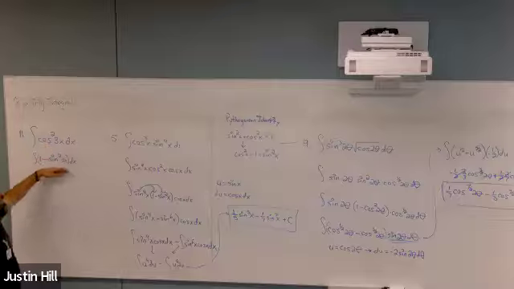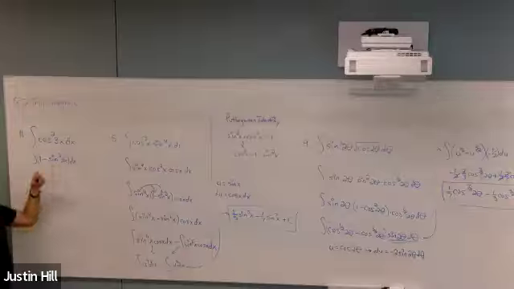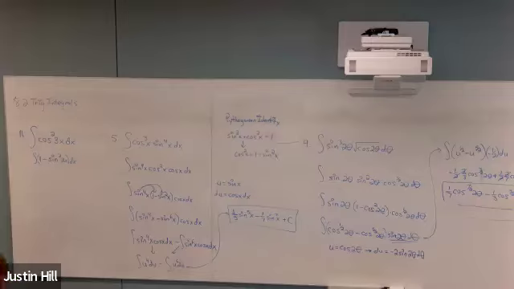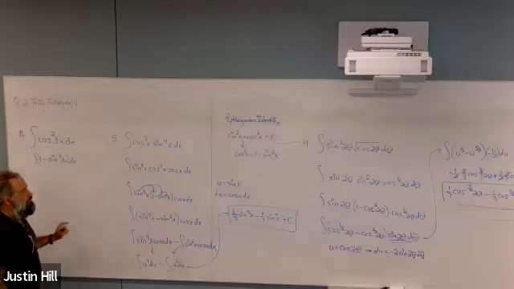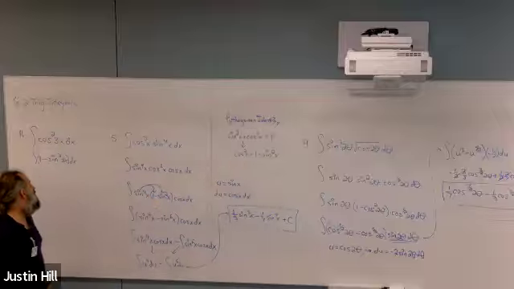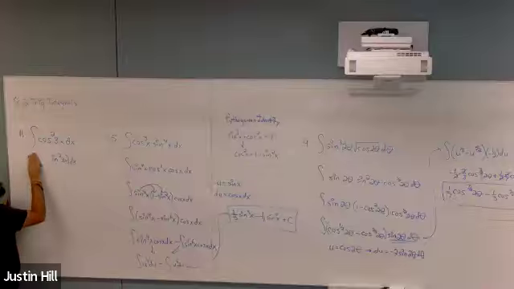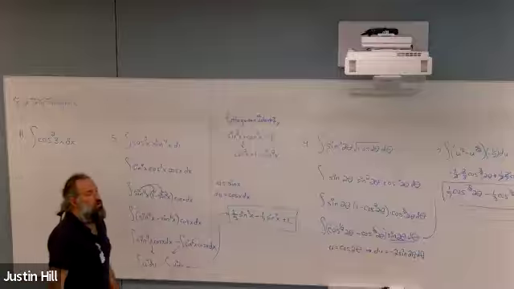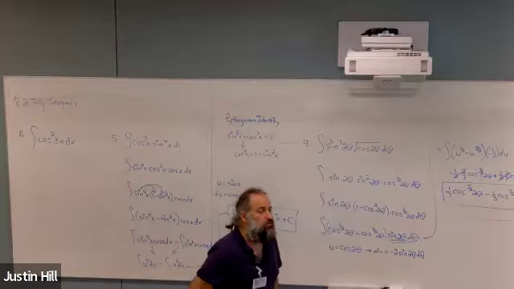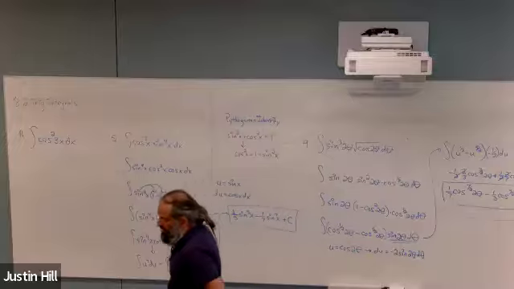It's not that this was a bad idea, because we at least got one part we could integrate, but we can't integrate this part. So what that means is our Pythagorean identity, which we've used a lot in the previous problems, just doesn't help us here. It's helpful, just not here. So is there another trig identity that could help me? That's really the key question here.